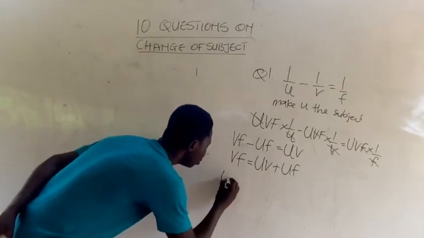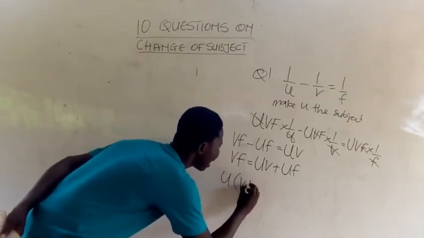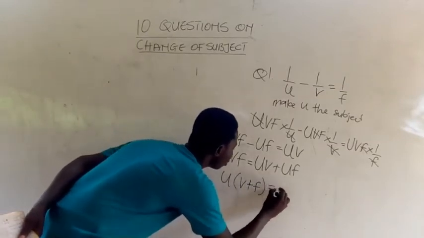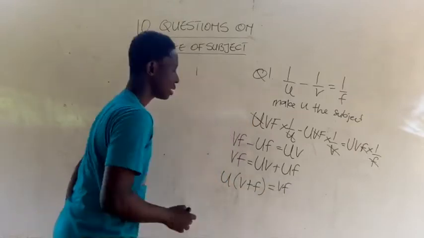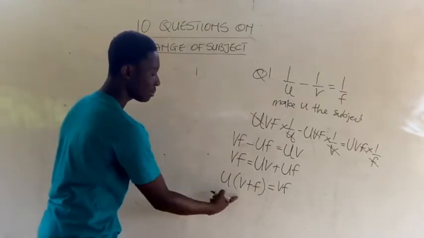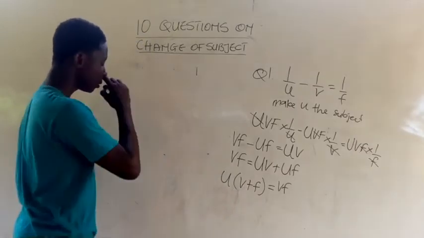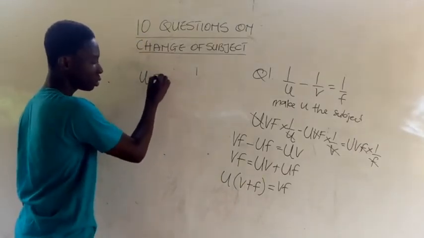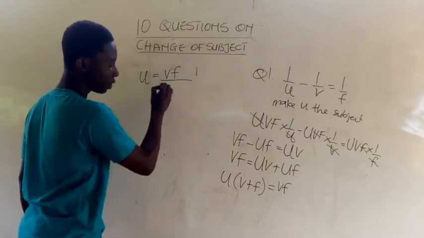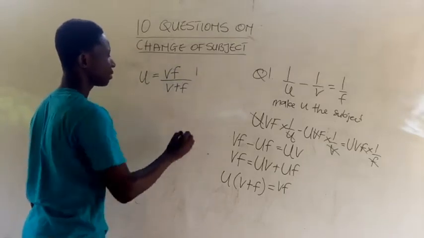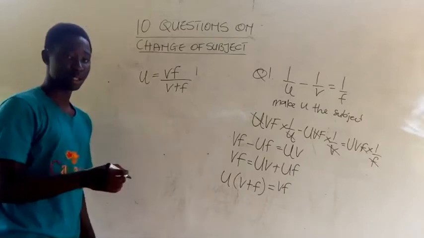So I'm going to get u into v plus f is equal to vf. Now you want u, so we divide both sides by v plus f, then we get our u. So u will be equal to vf all over v plus f. And this is all for first question.